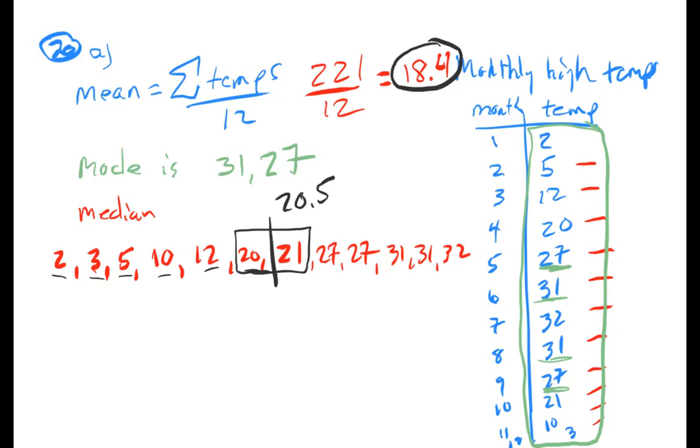So if we're going to find a weighted mean for this data, I'm going to go over to this next page. I would say that there are 31 days in January, and the average temperature was 2. There are 28 days in February, and that had an average of 5.